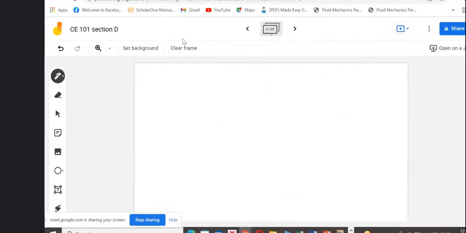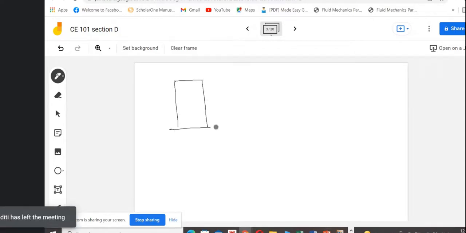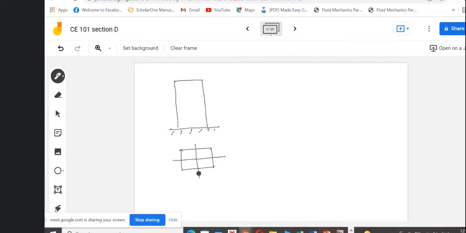So let us redraw this portion here. I am assuming a rectangular section. That's why I have drawn this rectangular cross section. So this is P, this is E, the eccentric distance.